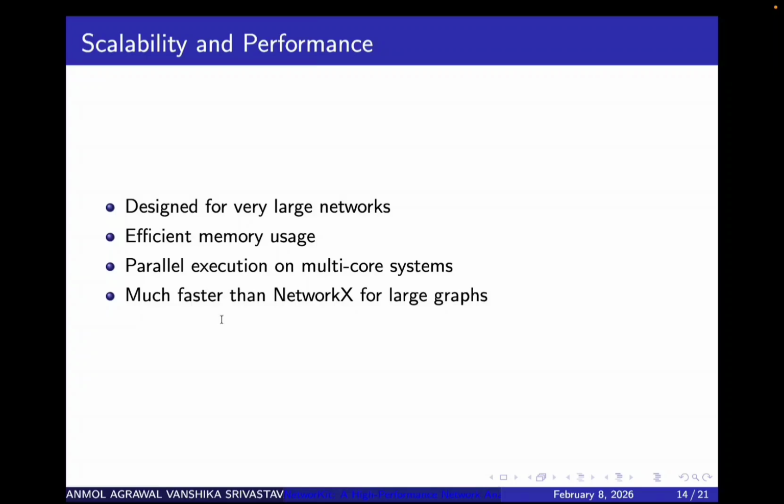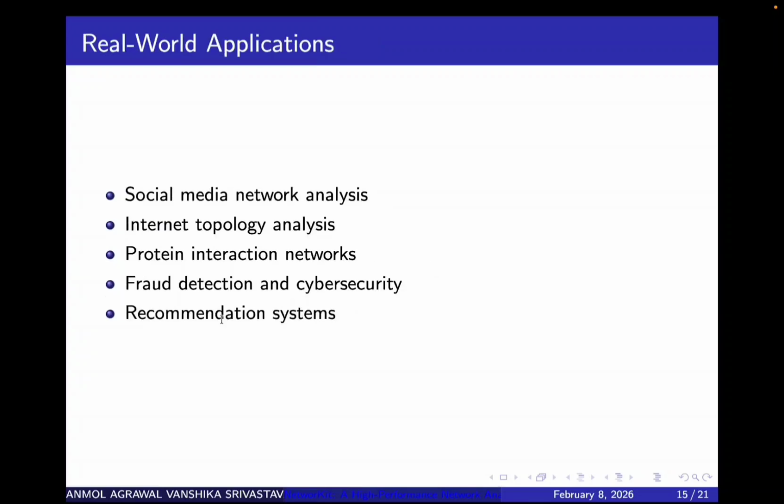Real world applications. Networkit is used in many real world applications such as social media and network analysis, internet topology analysis, protein interaction and biological networks, fraud detection and cybersecurity, and recommendation systems. Any domain involving large and complex networks can benefit from Networkit.